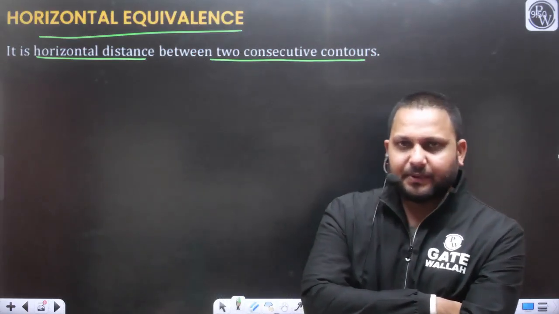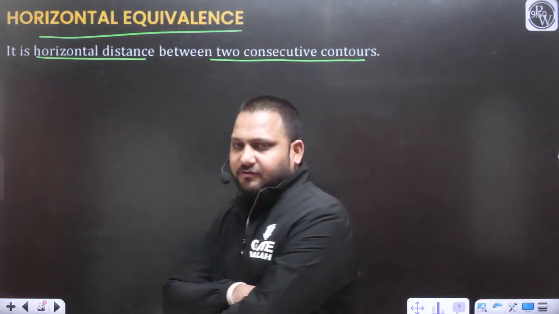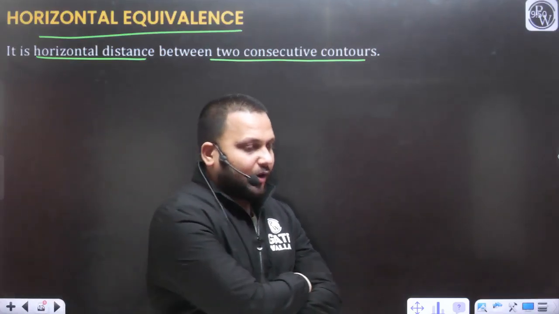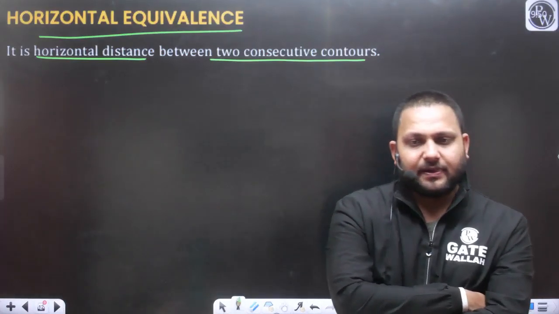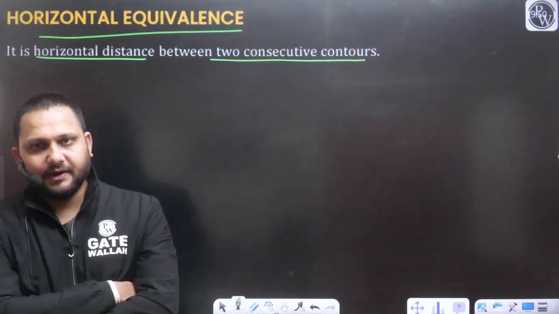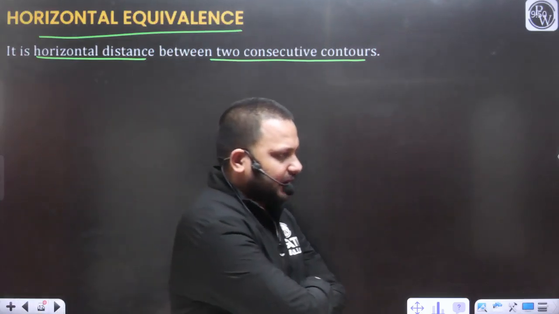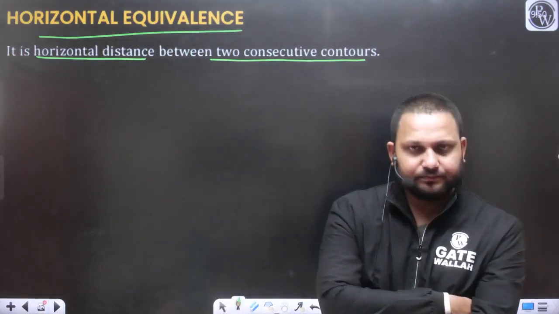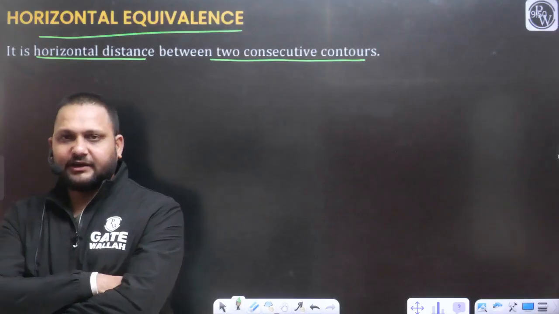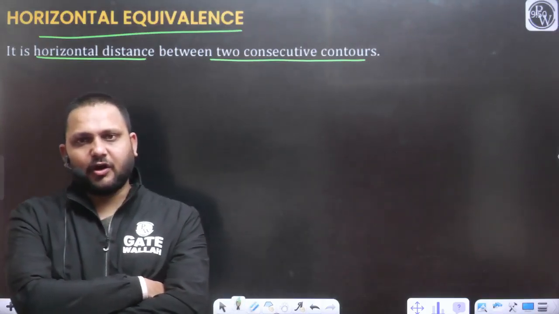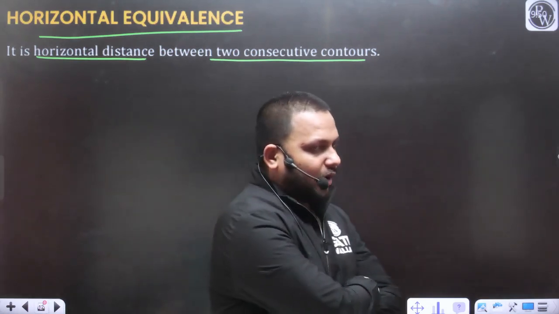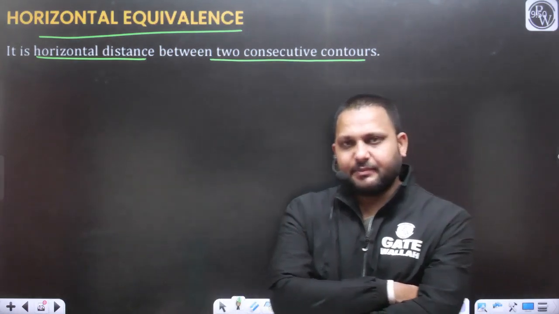The contour interval was the vertical distance between two consecutive contours, and similarly the horizontal equivalence is the horizontal distance between two consecutive contours. Tell me, should I take a fixed or constant value of the horizontal equivalence for the preparation of the contour map, or can it be a variable value?